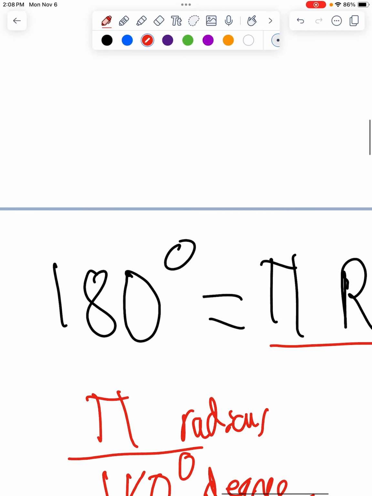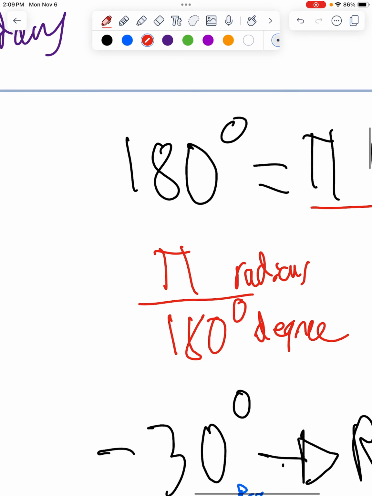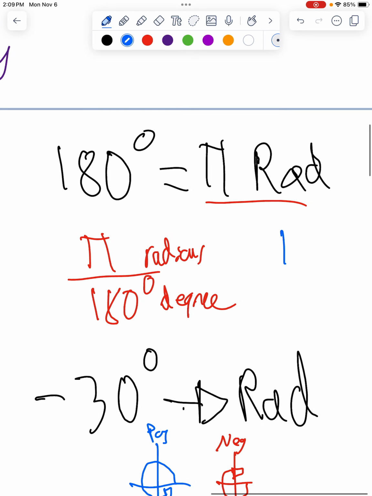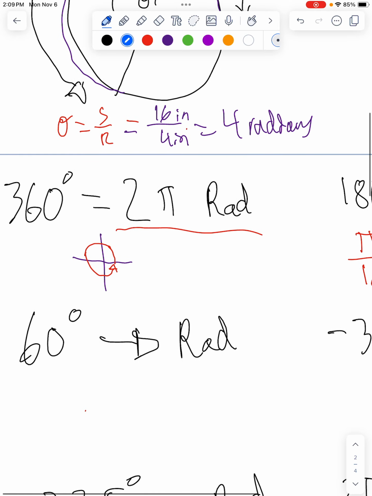So we can create an equivalency: pi radians over 180 degrees. That's a true statement. I can also write it the other way, with 180 degrees on top and pi on the bottom, and you'll see when that comes into play.